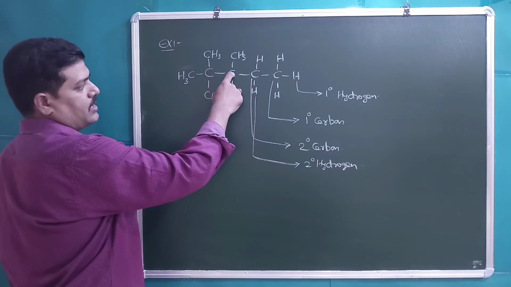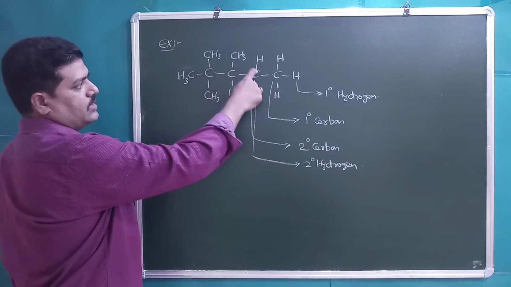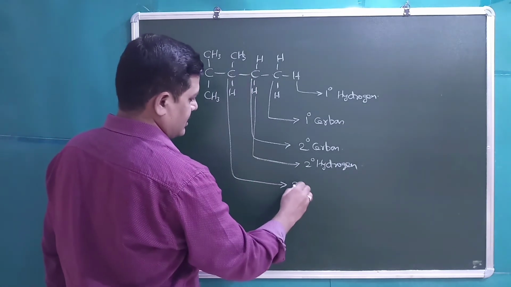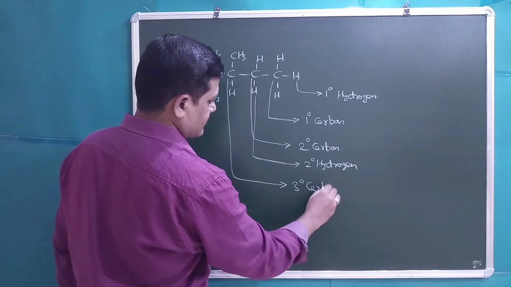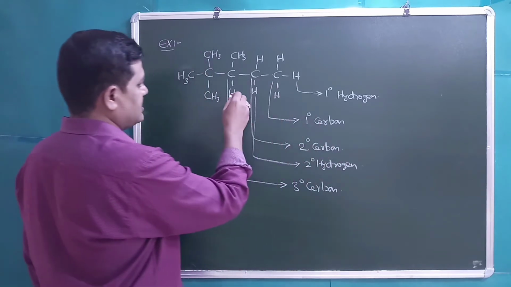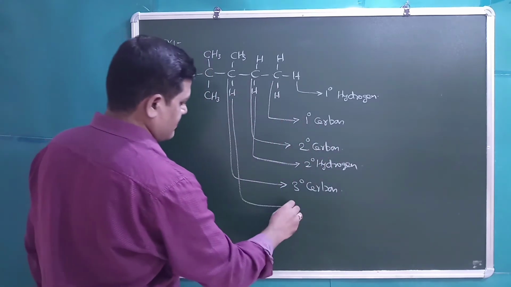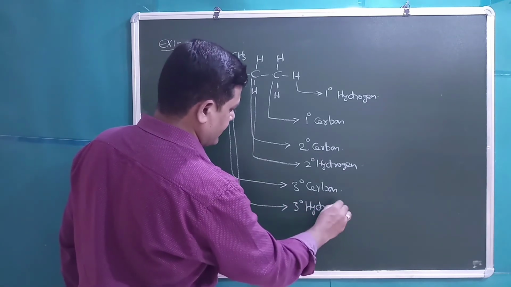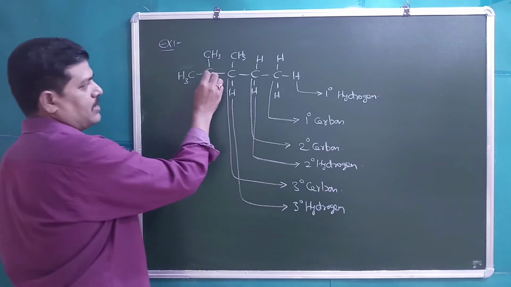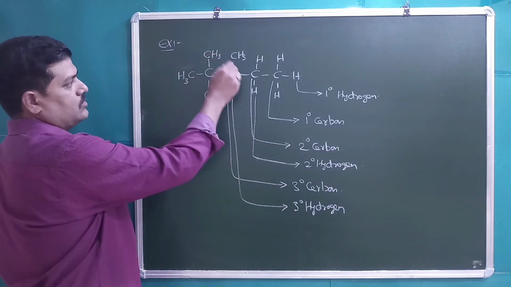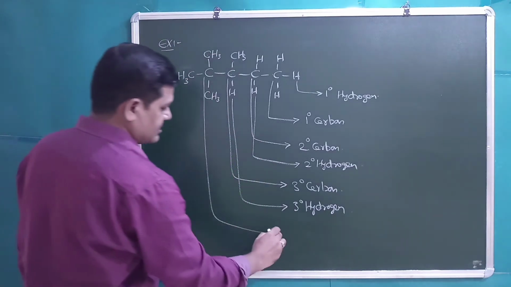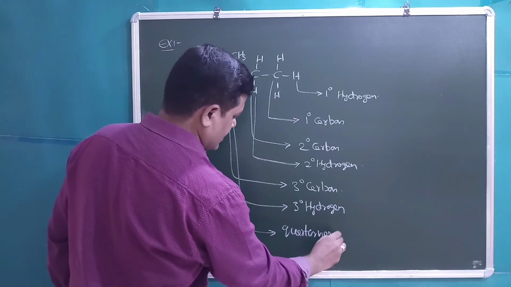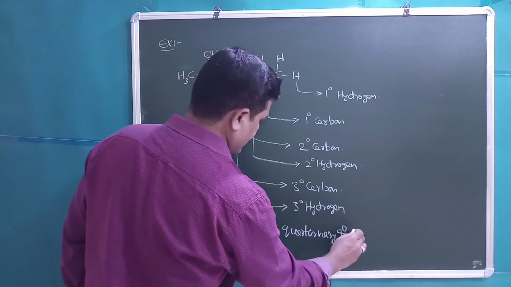Carbon is attached with 1, 2, 3 carbons, so we can call it a tertiary carbon or 3 degree carbon. And the hydrogen attached with the tertiary carbon we call a tertiary hydrogen. This carbon which is connected with 1, 2, 3, 4 carbons, we can call a quaternary or 4 degree carbon.